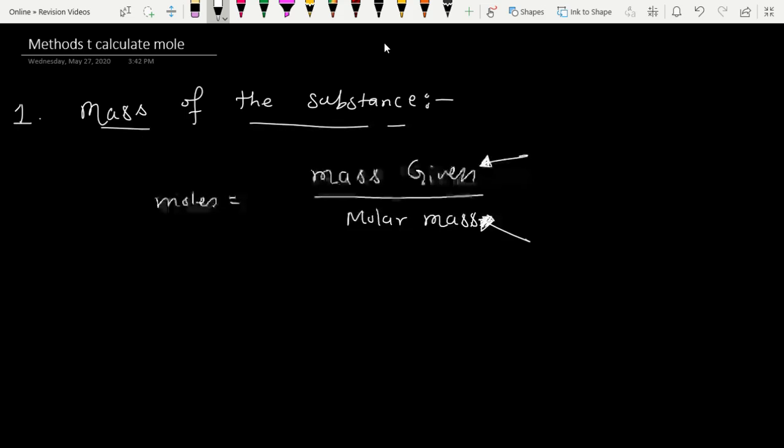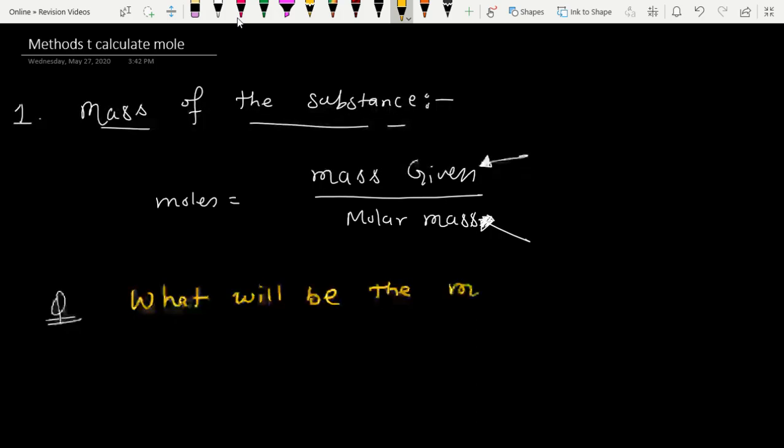So let's take a few examples and understand that. The first example: what will be the mass of 5 moles of SO2? Here mass is being asked.